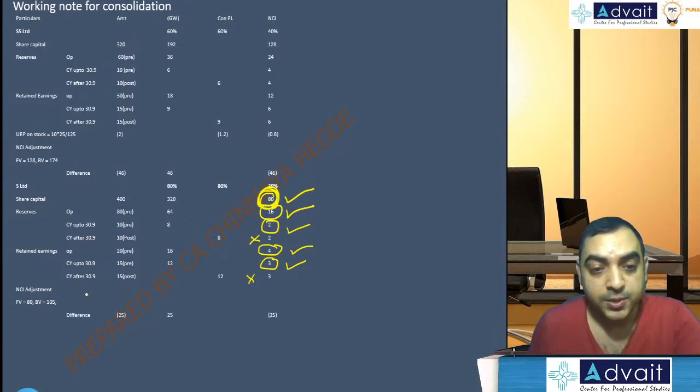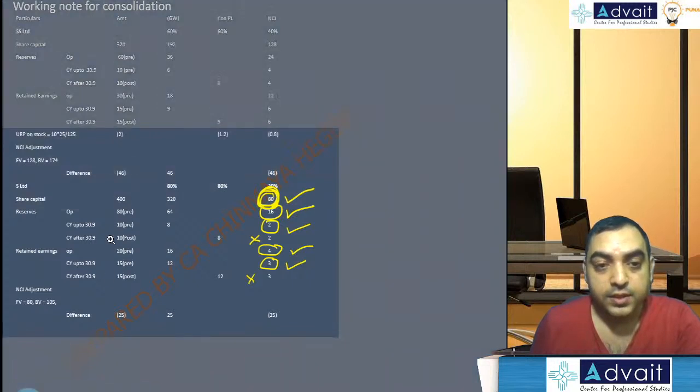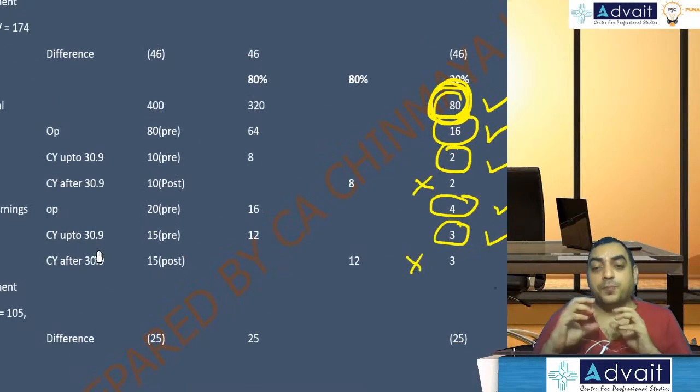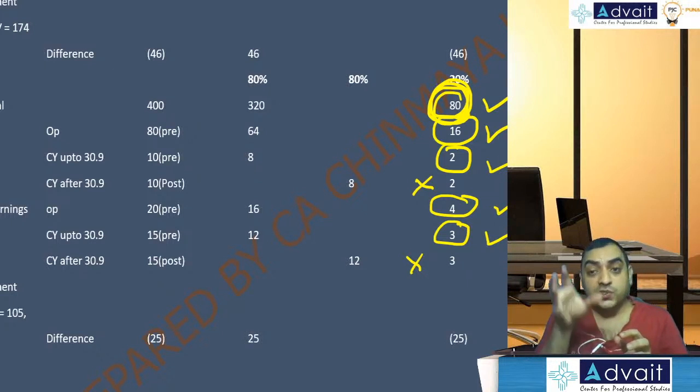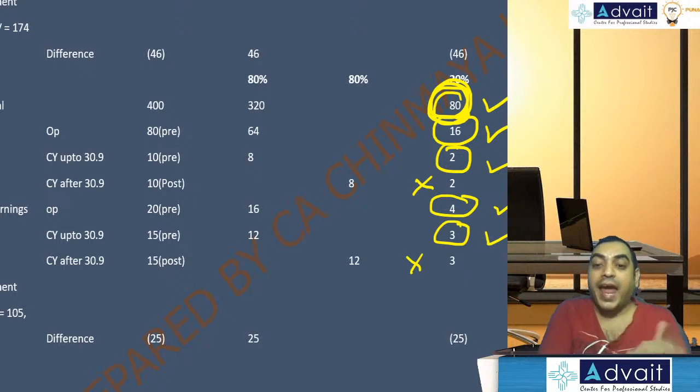So the difference is 25, and because that difference is negative, meaning fair value is less, subtract in the NCI column and add in the goodwill column. Hope you are getting the number 25, all of you.